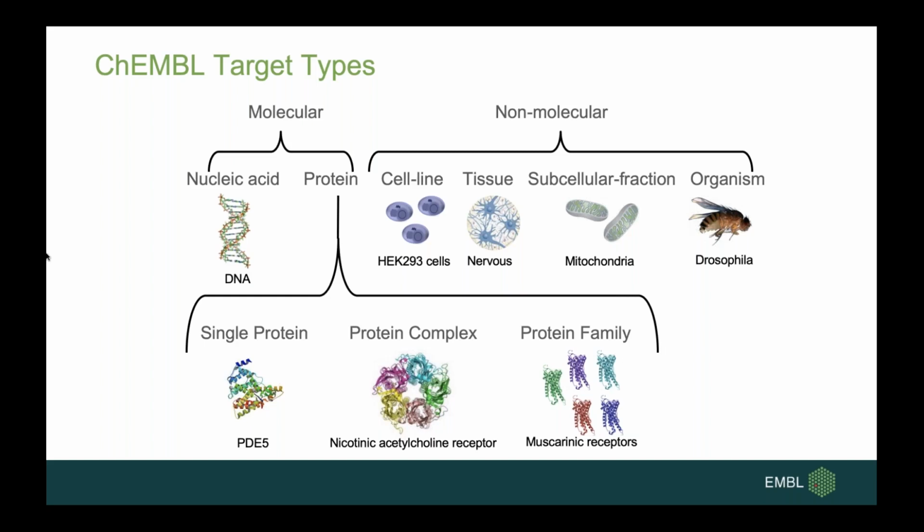Particularly in a lot of older papers, they would just say that this particular experiment was measured against muscarinic receptors, but doesn't mention whether it's M1, M2, M3. So we can't say specifically the actual protein that it was measured against, so we record that against a protein family. And then for non-protein targets, we have data measured in particular cells, tissues, organisms, etc., and those will effectively be recorded as targets as well.